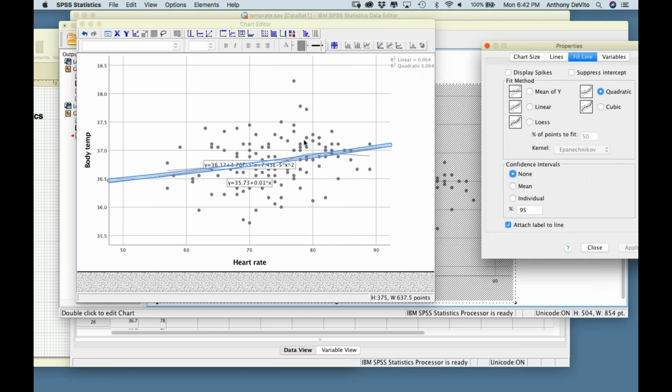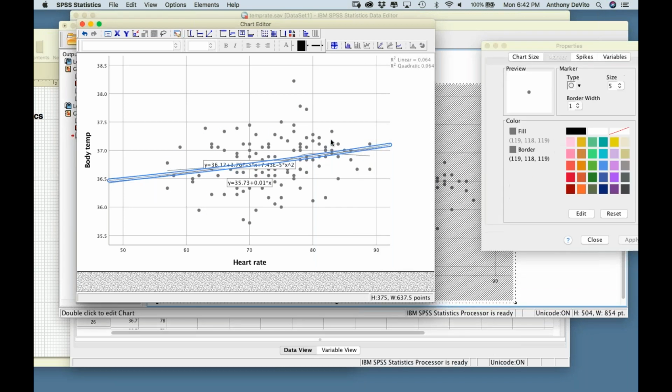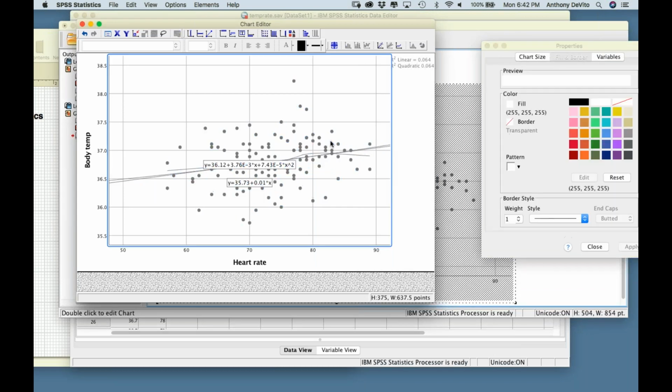What does that mean, best fit line? What SPSS is doing for us is taking all of these points and taking the errors from that line, the distance from that line for each one of these points. For instance, this particular person represented by this dot right there, let me see if I can hover and get the value for that.